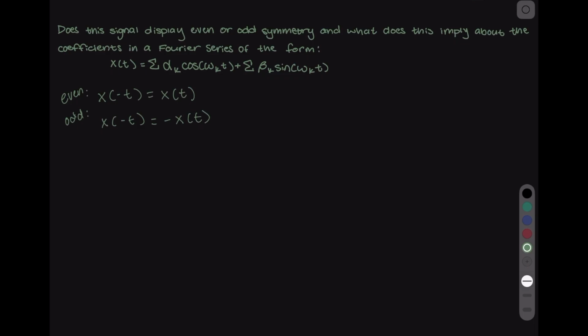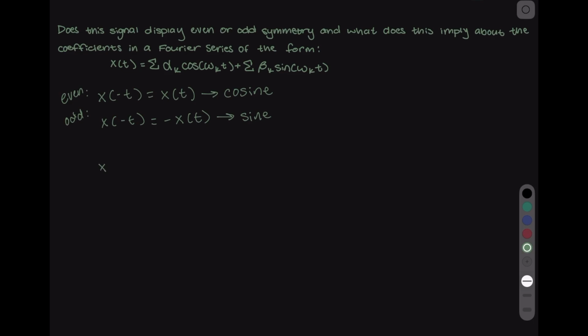Now there's two functions which we pretty famously correlate with each. For even, that's going to be a cosine wave, and for odd, that's going to be a sine wave. So you can imagine that it'll be easier to go about this question with the signal in its sinusoidal form rather than the complex exponential form. So let's rewrite that really quick.